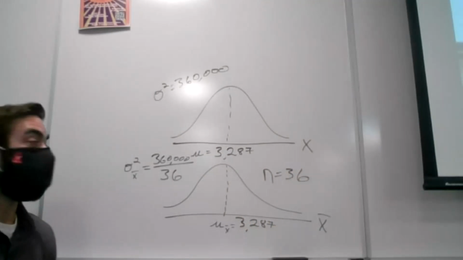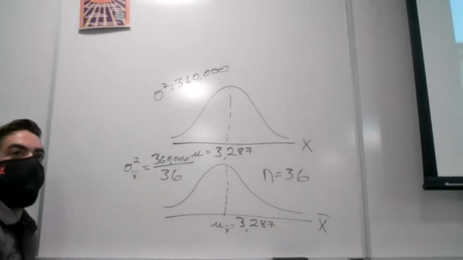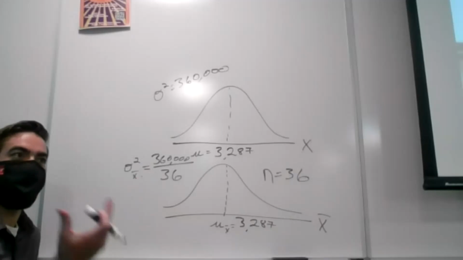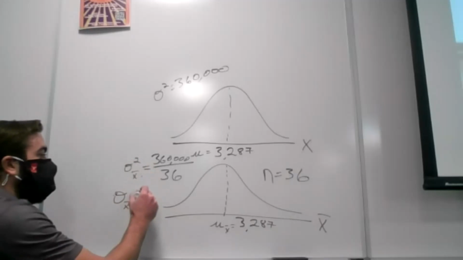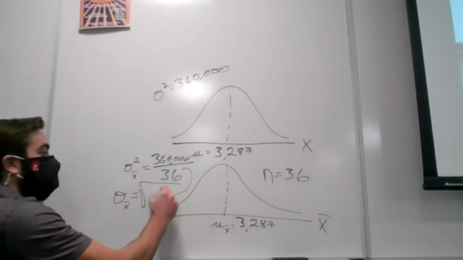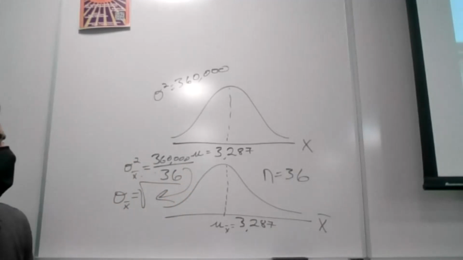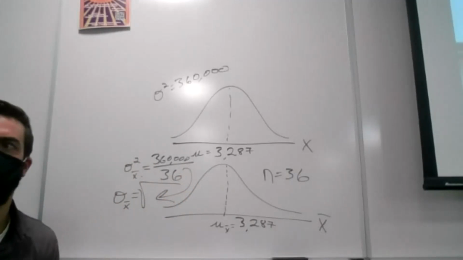Now I think the problem actually asks for the standard deviation, but if I have the variance, what's the only other thing I have to do to get the standard deviation? Just take the square root, right? So if I wanted the standard deviation, it'd be the square root of that. Any questions on that? This is a visual way how we think about this, okay?